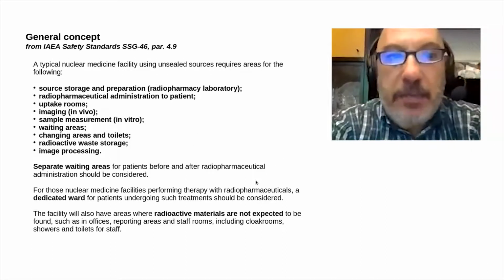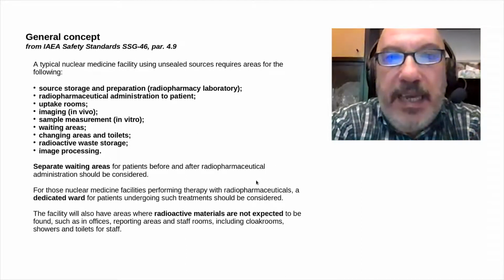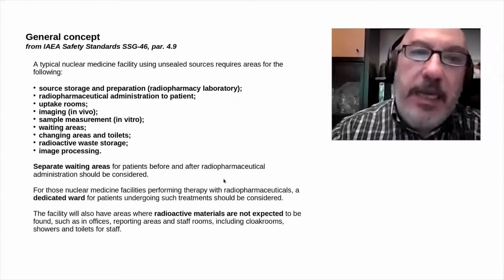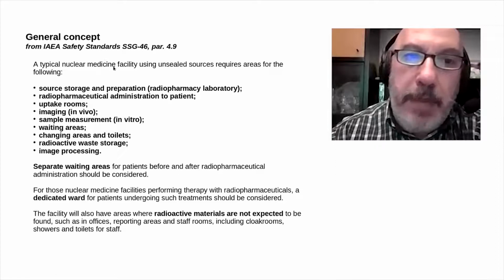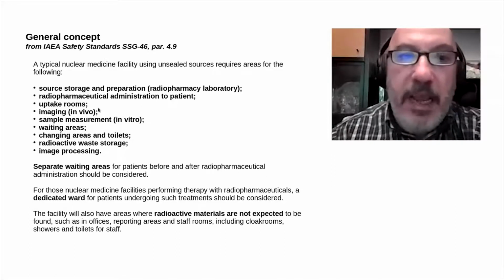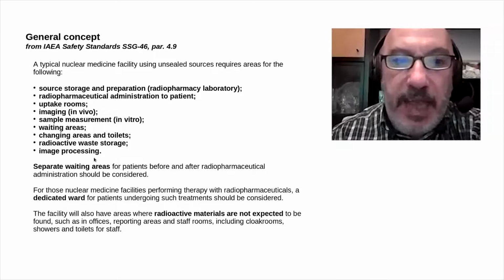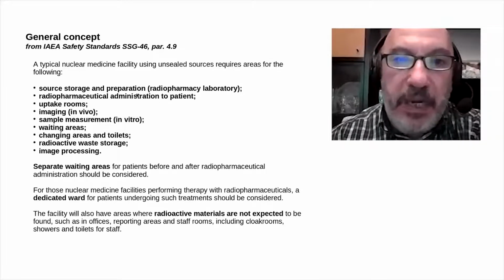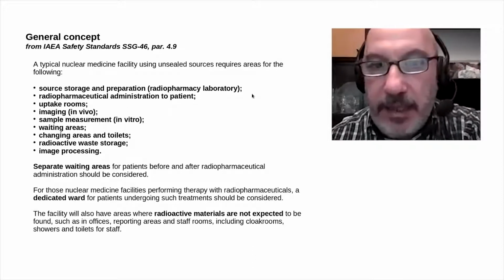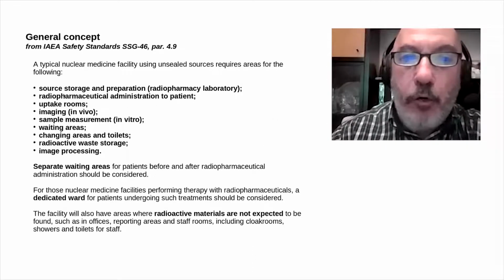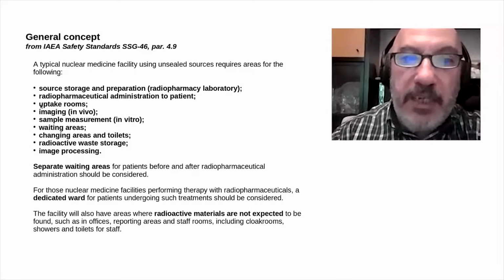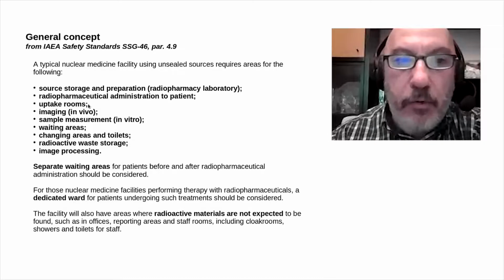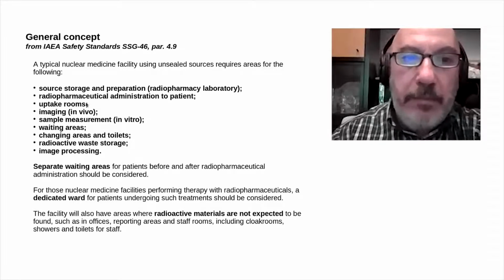The general concept, generally speaking, according to the IAEA SSG 46: in a typical nuclear medicine department, we should have several types of areas like source storage and preparation, that is frequently termed the radiopharmacy laboratory, rooms for the administration, and an uptake room in order for the patient to get the proper biodistribution of the radiopharmaceutical after the administration.